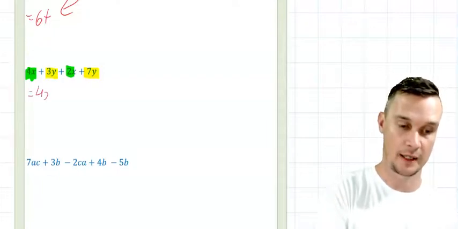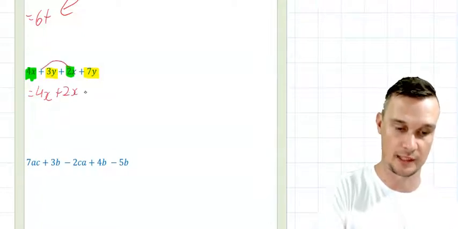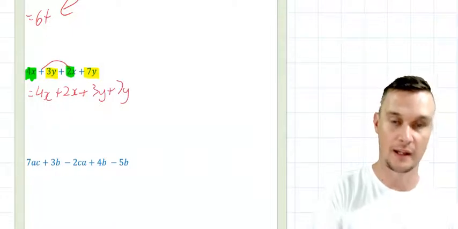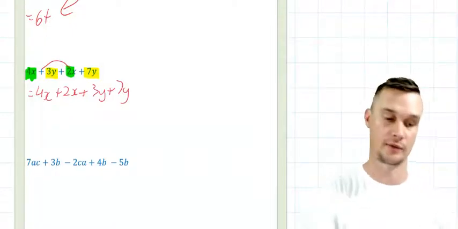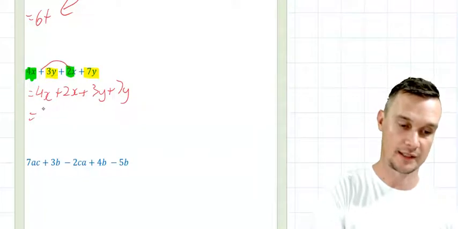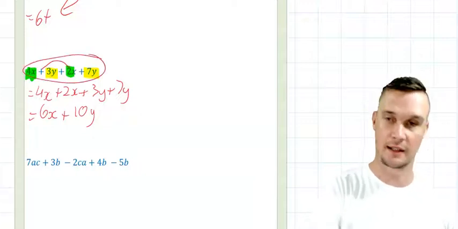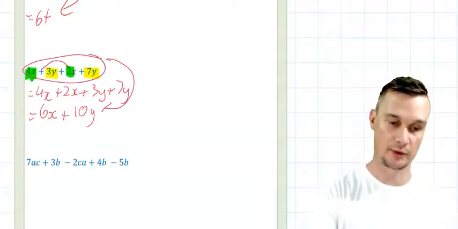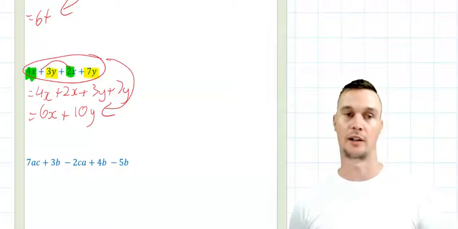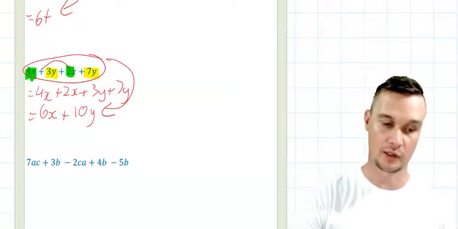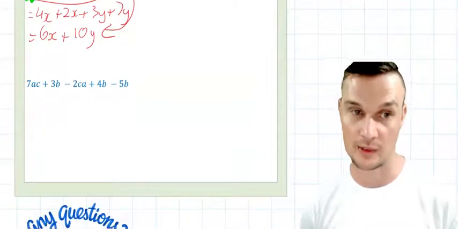I have 4x plus 2x, so I've got these two next to each other, plus 3y plus 7y. Now I can go through the process of combining them. So really this is saying 6x plus 10y. Instead of this expression here, I've been able to simplify it by combining the like terms to 6x plus 10y.